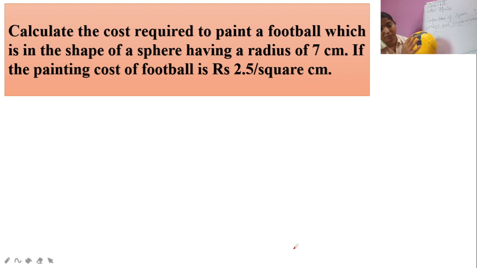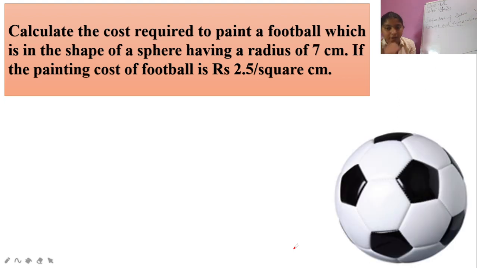So I have to calculate the area, so I have to use the surface area formula. This is the football. If I want to paint it with yellow color, what do I have to do? So let's see what we have to do for this.